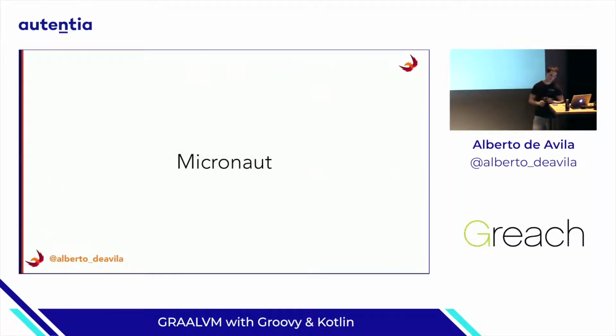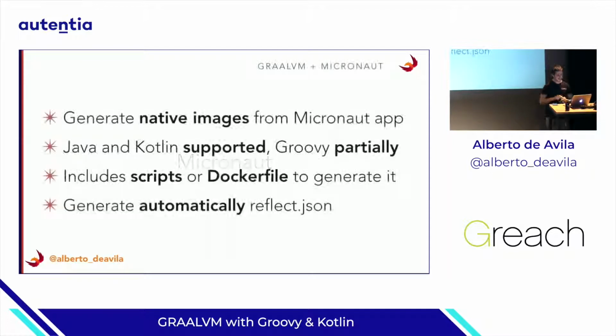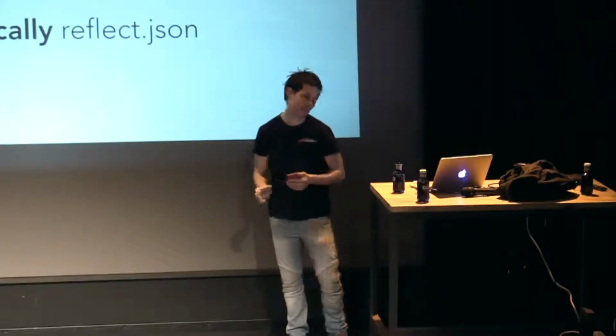And another cool thing: using Micronaut with GraalVM. You can generate native images from Micronaut. But be careful, because only Java and Kotlin are fully supported. Groovy is partially supported, so be careful.